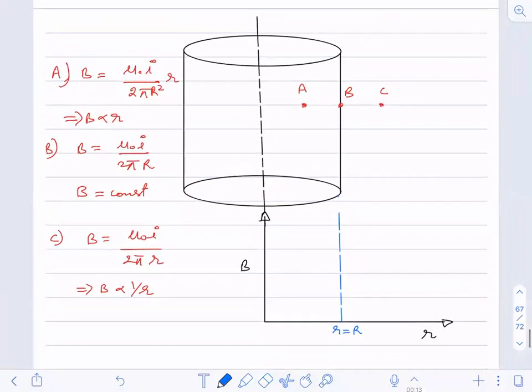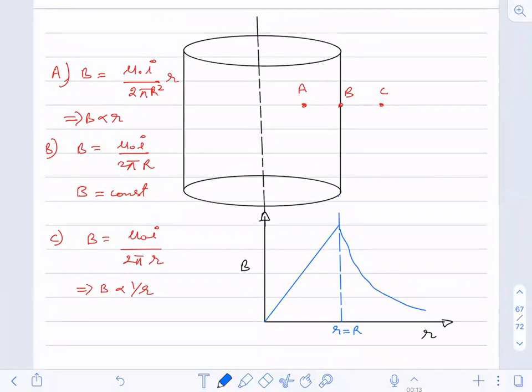So how are you going to draw the curve here? This will vary linearly like this. And then after that, it will be a curve like this.